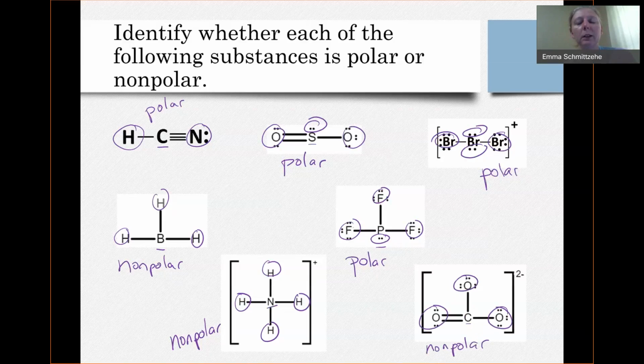But this actually has resonance structures where the double bond can be in those other two locations as well. So the true structure doesn't have two single bonds and a double. It's some average of that. And so it actually is all the same, and so it's nonpolar.